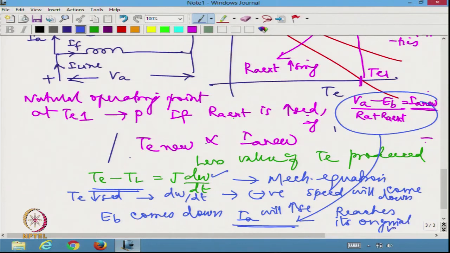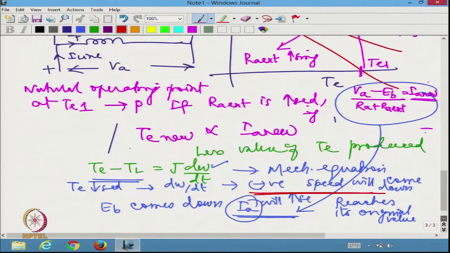So, you may see a small transient reduction in the speed, and that will essentially make the armature current increase, and ultimately it will settle down at a speed which is less than the original speed. So, you are going to see that it will be able to offer the same torque.